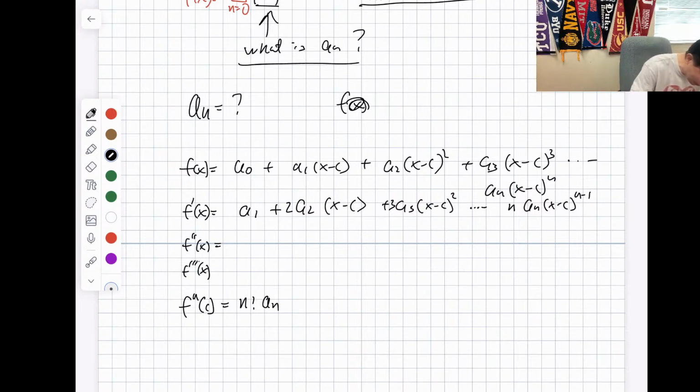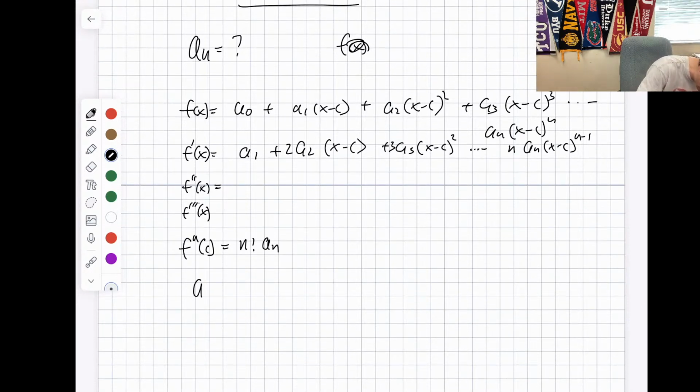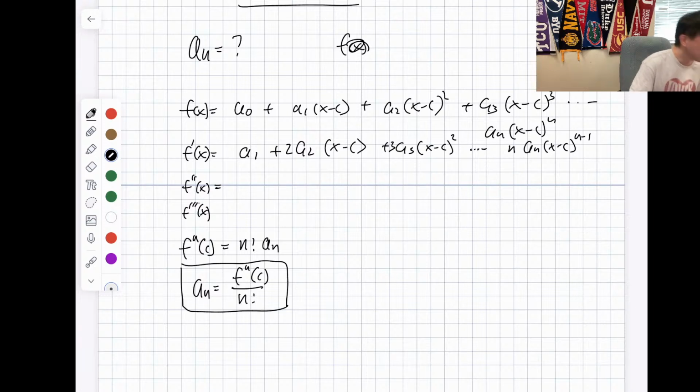And now we just find out what a to the n is by solving it. Of course, we'll go through that middle part in detail tomorrow. But in a sense, if you take the nth derivative, you're going to get n factorial, because it's going to be n times n minus 1 times n minus 2 times n minus 3 times n minus 4. That becomes n factorial, and then that becomes a to the n.